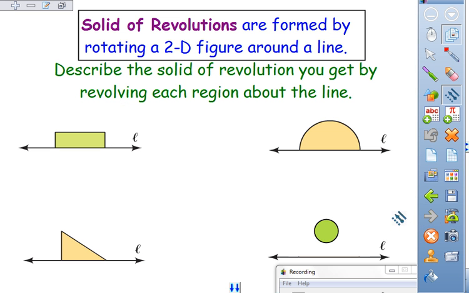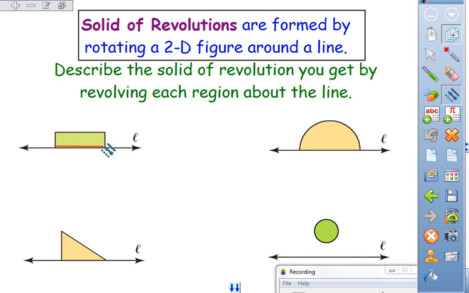The last thing we're going to talk about today is a solid of revolutions, and this is really something that you get heavy into in calculus. It says describe the solid of revolutions you get by revolving each region about the line. So what happens if we spin this rectangle on line L?